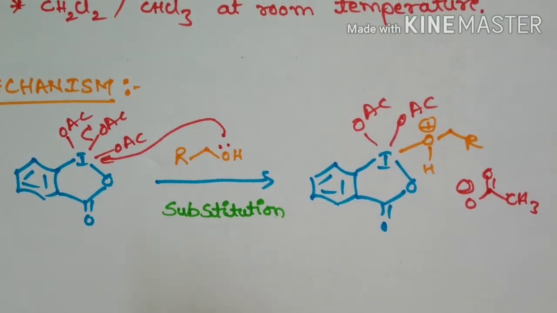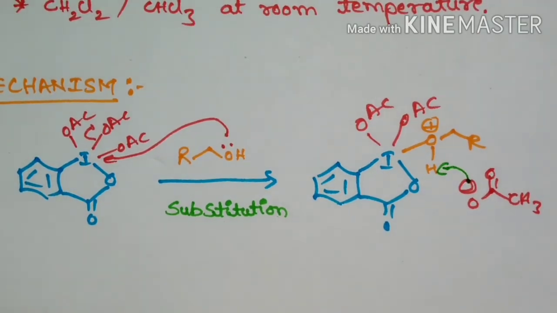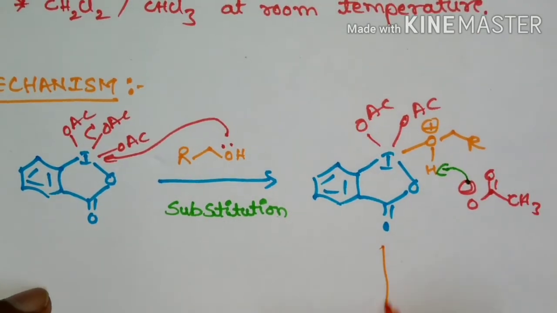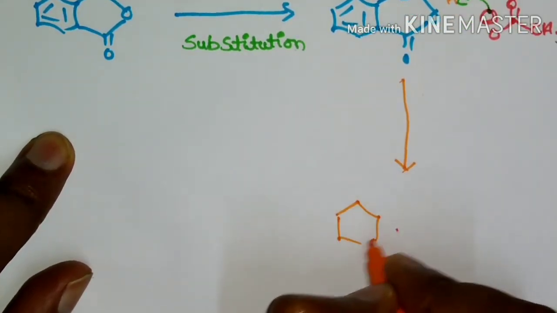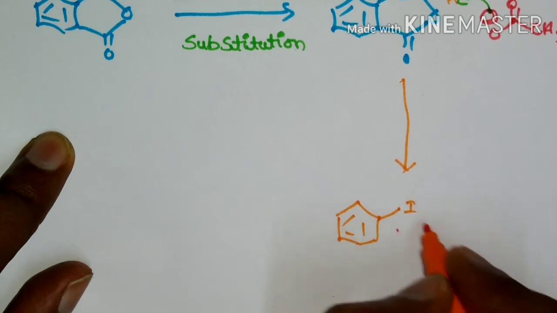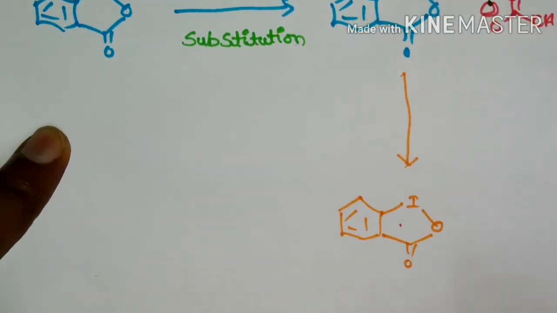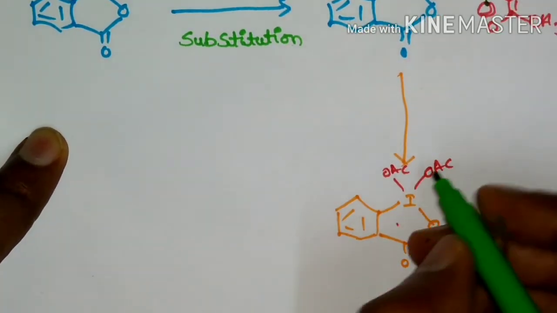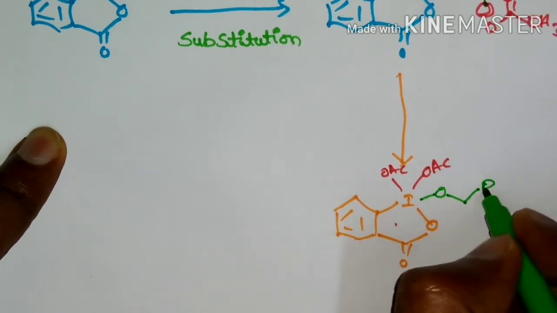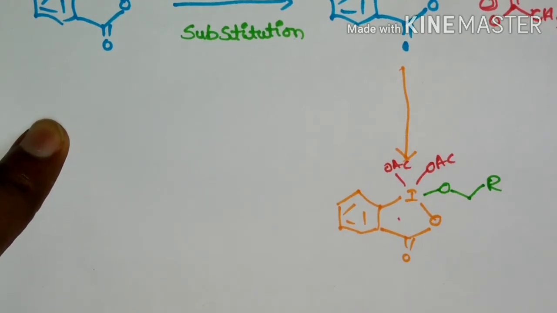Now this acetate ion is going to take this proton and form this intermediate, that is aryl iodoester periodinane.